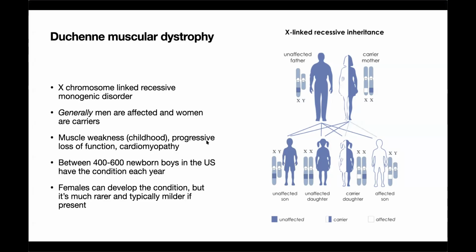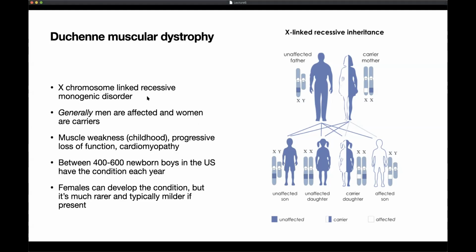So generally men are affected, women are carriers. The symptoms are muscle weakness in childhood, which then leads to progressive loss of function, cardiomyopathy, and eventually death. Between 400 to 600 newborn boys in the US have this condition each year. Females can develop the condition, but it's much rarer, typically milder.